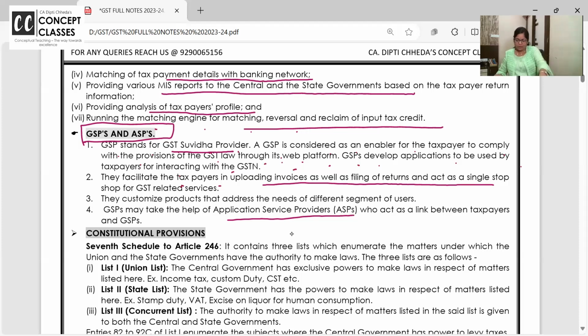One second, dear students, I'll have to put it on chat. And they will ask you, do you want other facilities also, upgrading of your vehicle and all? If yes, then done. So that is the facility. The last line they have written is that GSPs may take help of ASPs, application service providers, who have a link between the taxpayers and the GST.